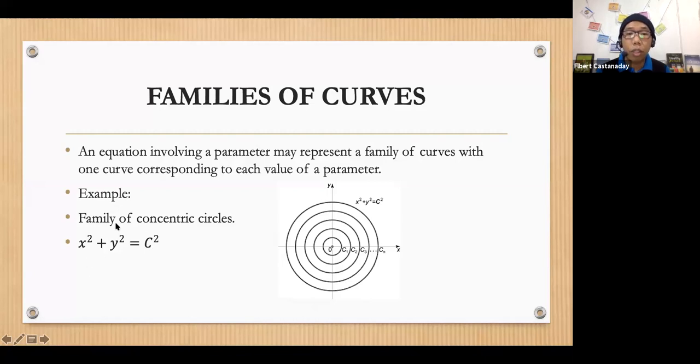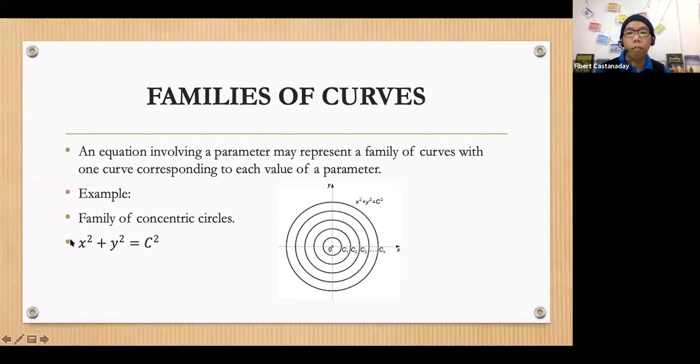So this equation contains one parameter or one arbitrary constant. It means that if you are to solve or to arrive at this differential equation, you have to only differentiate that once. Okay? Yun yung magiging differential equation niya. So ganun lang. Bibigay sa inyo na problem is find the DE or obtain the DE of the family of circles with centers at the origin. So ito lang yung magiging equation mo.